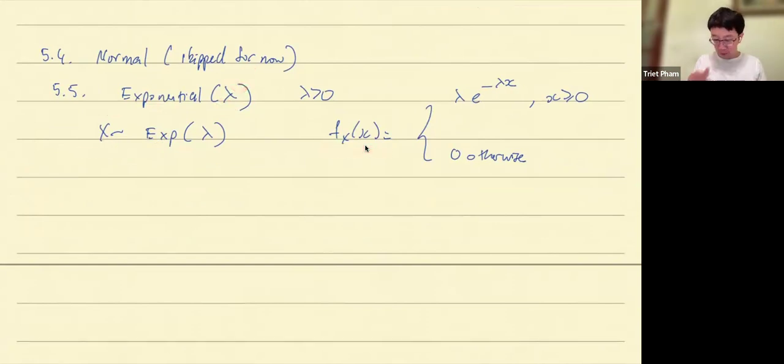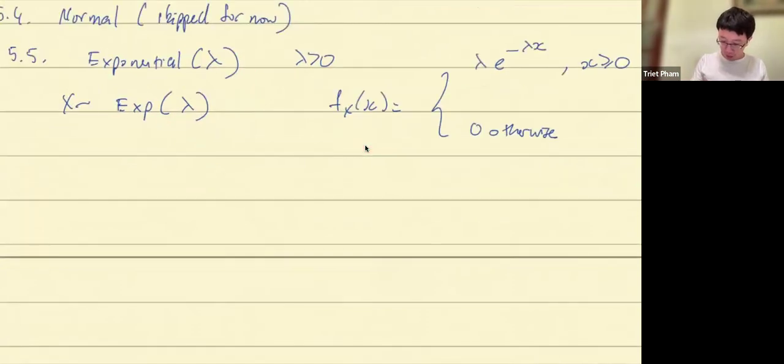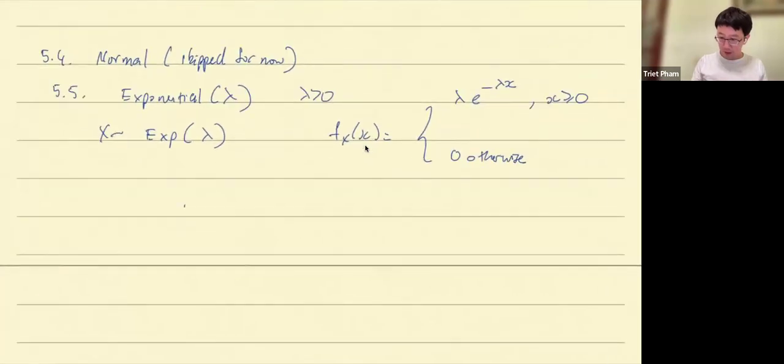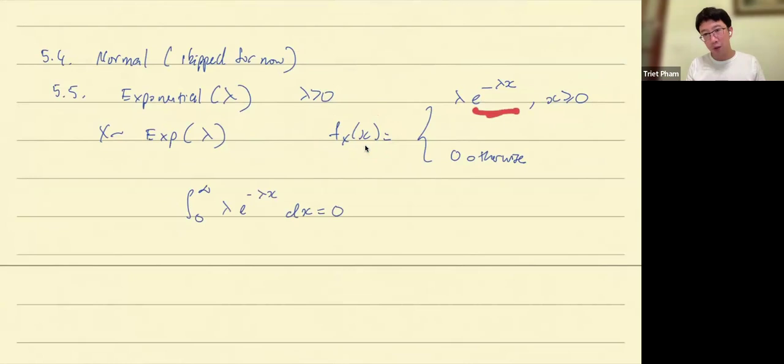So the first thing you should verify for yourself is that this is truly a random variable, truly a density, in the sense that the integral from 0 to infinity of this is 1. Well, it's obvious by a u-substitution. And it's also non-negative, because it's an exponential.